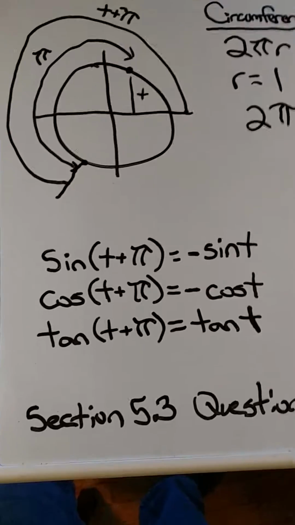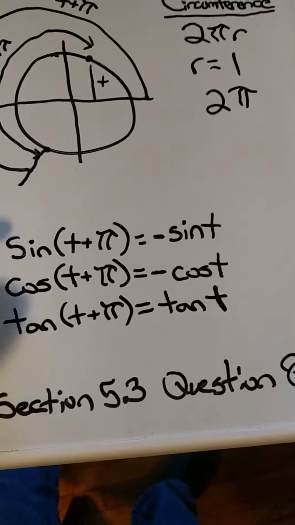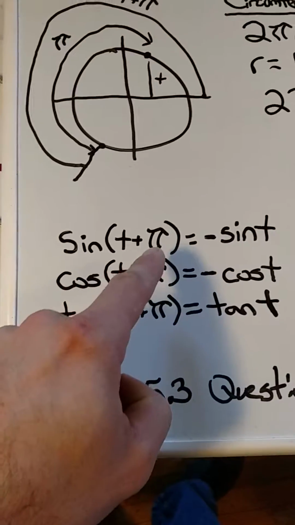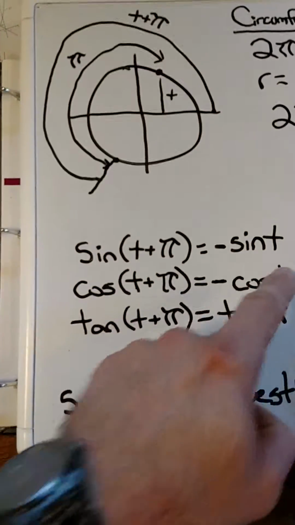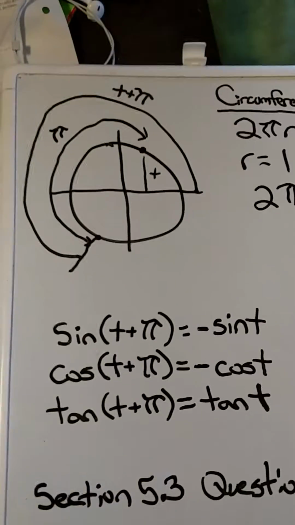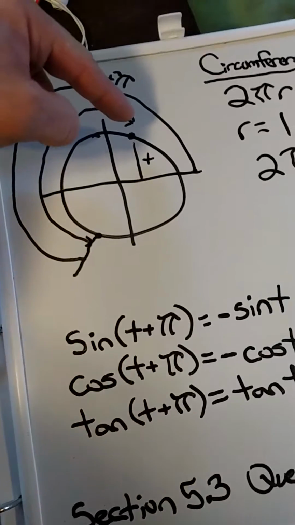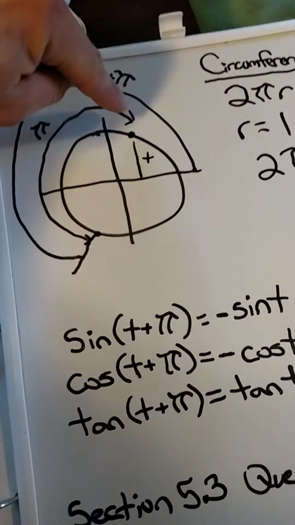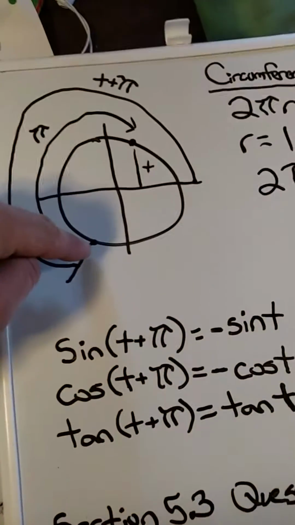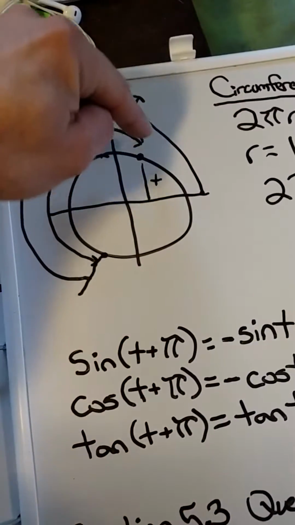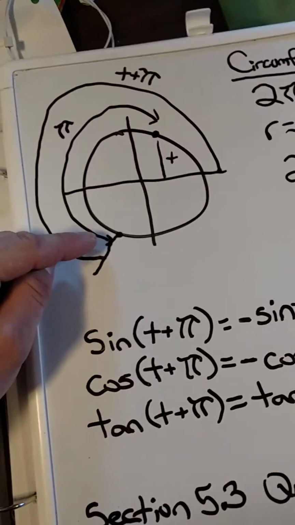And so to prove that sine t plus pi is equal to negative sine t, basically what we would have to do is for any point t, wherever you end up, you would actually go to the opposite quadrant over here. If you start out in quadrant 1, you're going to end up in quadrant 3.